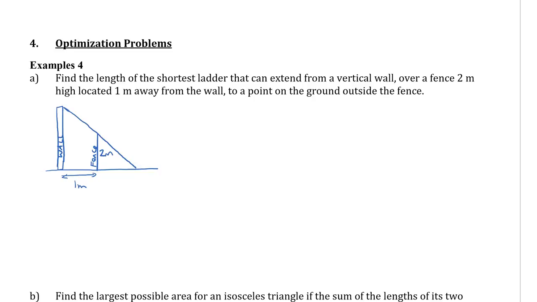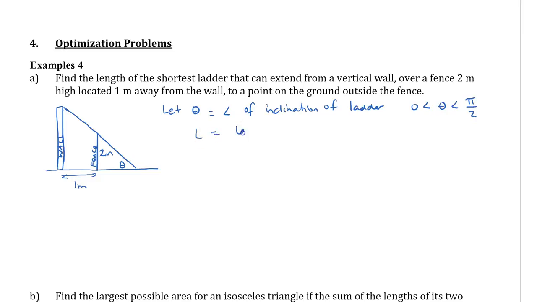Okay, so we're going to say this is an angle here. So theta is the angle of inclination of the ladder. And obviously for safety, that angle has to be between 0 and pi over 2.